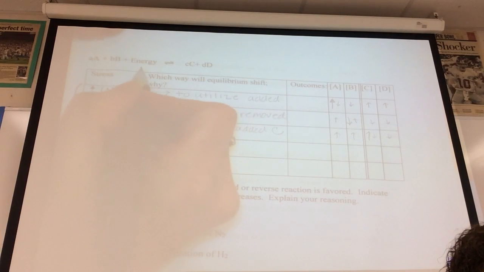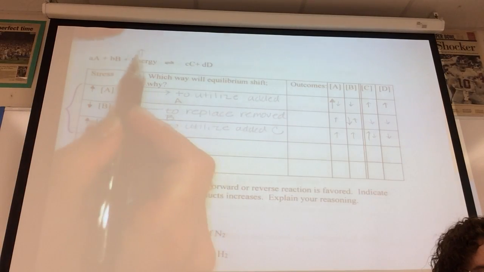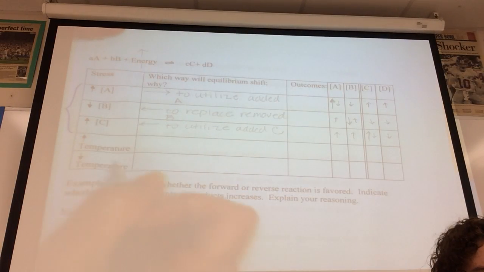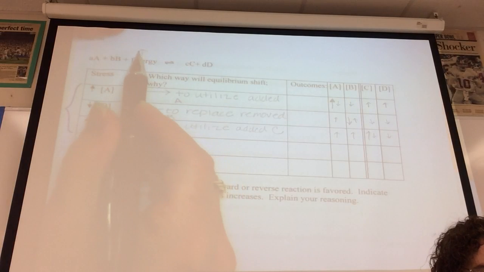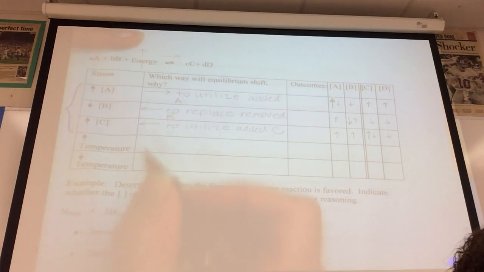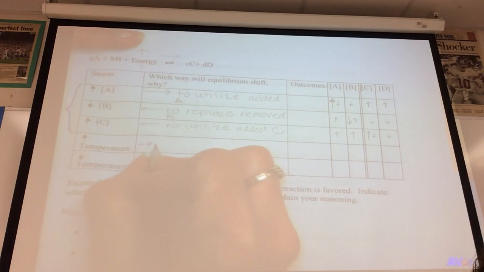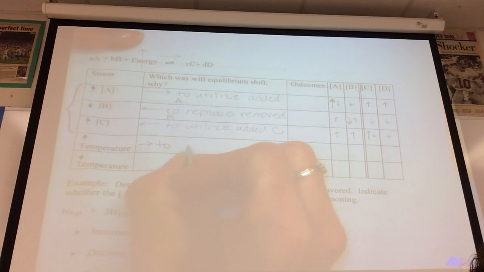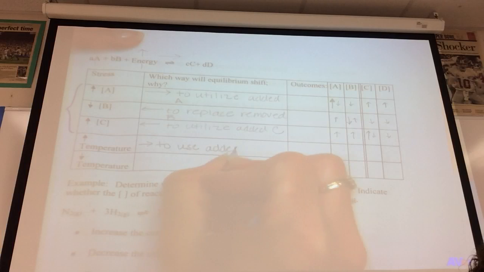When we increase temperature, we're going to show the up arrow over the energy. When we increase temperature, equilibrium will shift in the forward direction away from the energy term to use added heat.